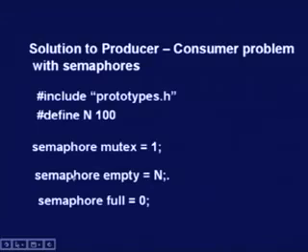We have the semaphores called empty and full. These are synchronizing or counting semaphores, and their value can go from 0 to n. Initially the value of the semaphore empty is n and the value of the semaphore full is 0.